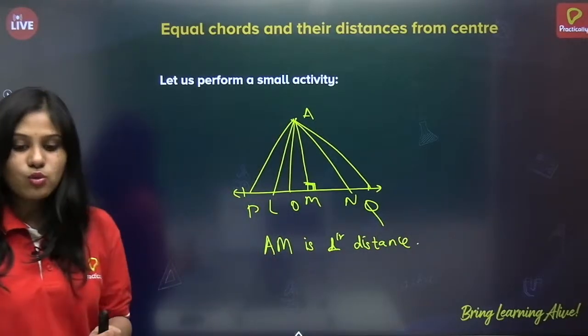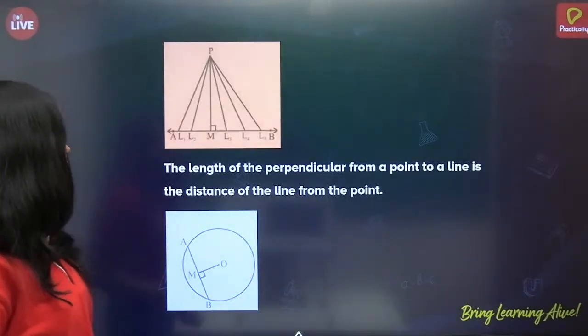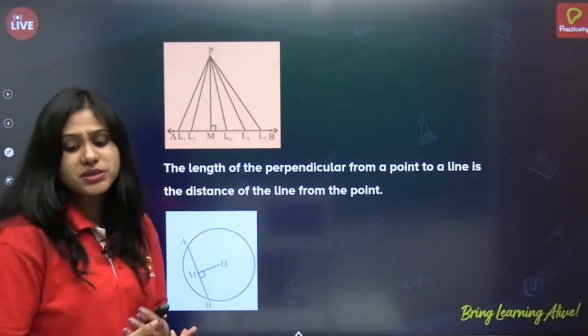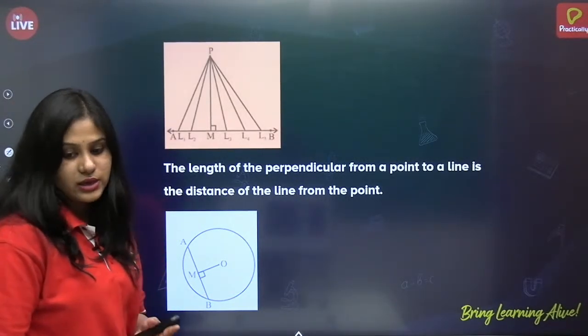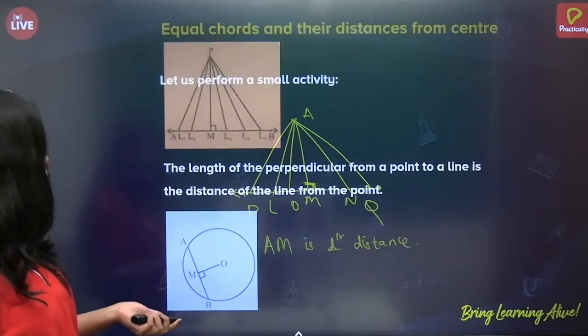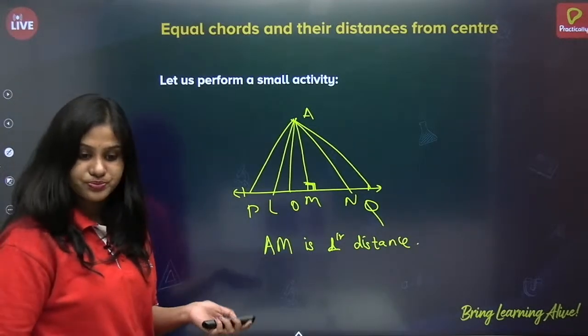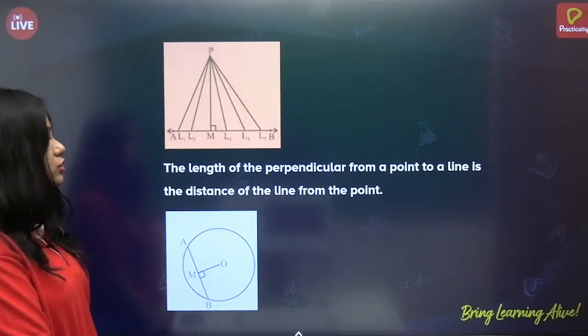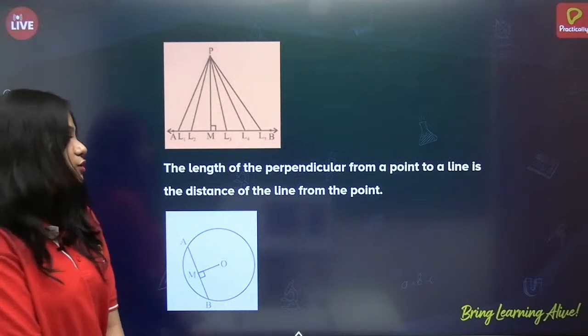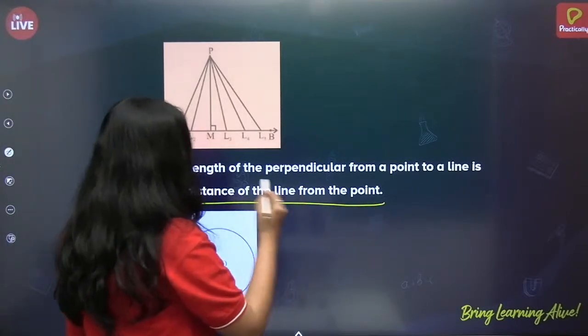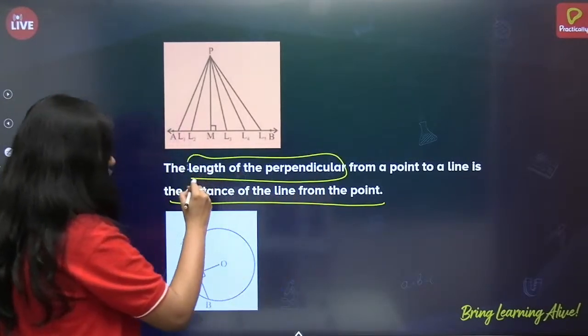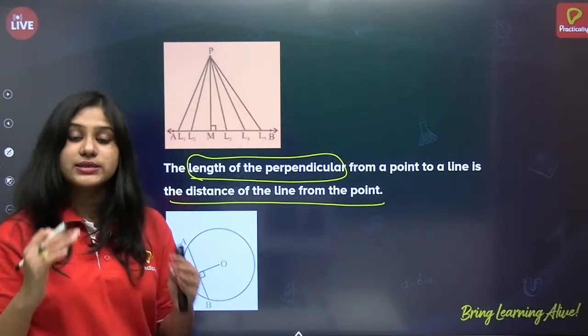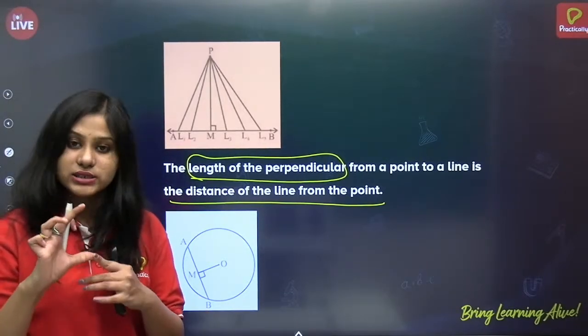So now we know what is perpendicular distance. Let us see how it helps us in chords and circles, correct? Yes, very good. Next, the length of the perpendicular from a point to a line is the distance of the line from the point. So the length of the perpendicular from a point to the line is nothing but the perpendicular distance.